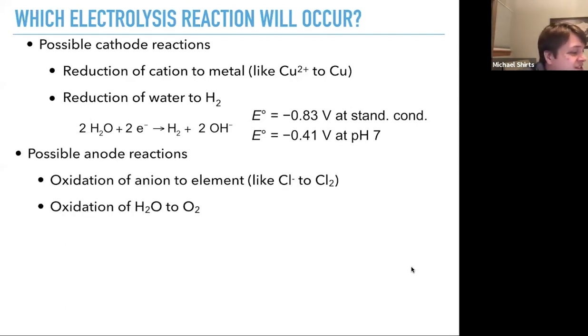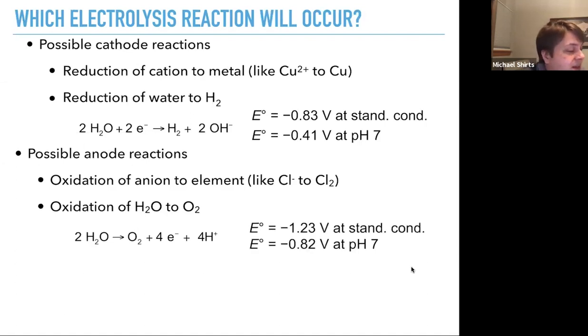Possible anode reactions: oxidation of an anion to an element, Cl minus to Cl2, could be happening, but you also have to watch out for oxidation of H2O to O2. 2H2O can go to oxygen gas plus 4 electrons plus 4H plus.